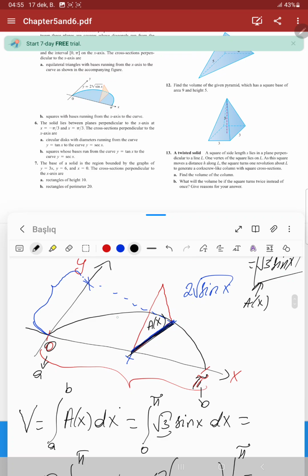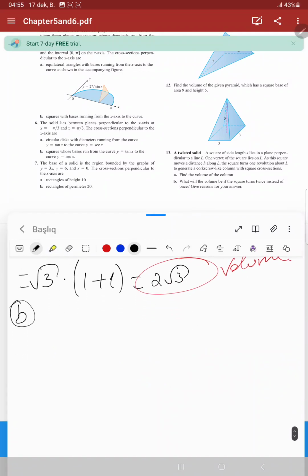Again this, but we'll take a square there. So this side is 2 square root of sine x, and as it is a square, this side is also equal to this. First we have to find the area.